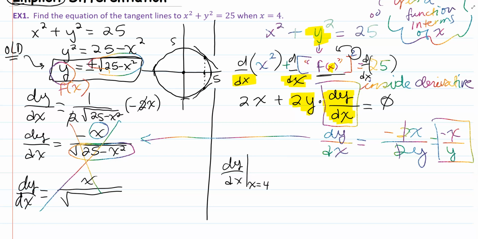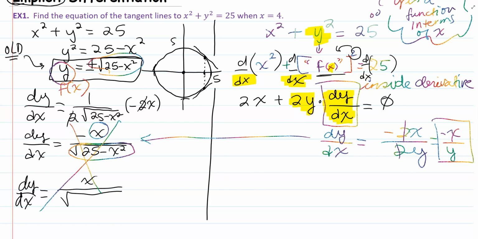Well, when x is 4, y here would be 4 squared is 16, 25 minus 16 is 9. So then y would be plus or minus 3, right? So now we have to find a derivative when x is, I didn't like how that is written, so let's rewrite that.